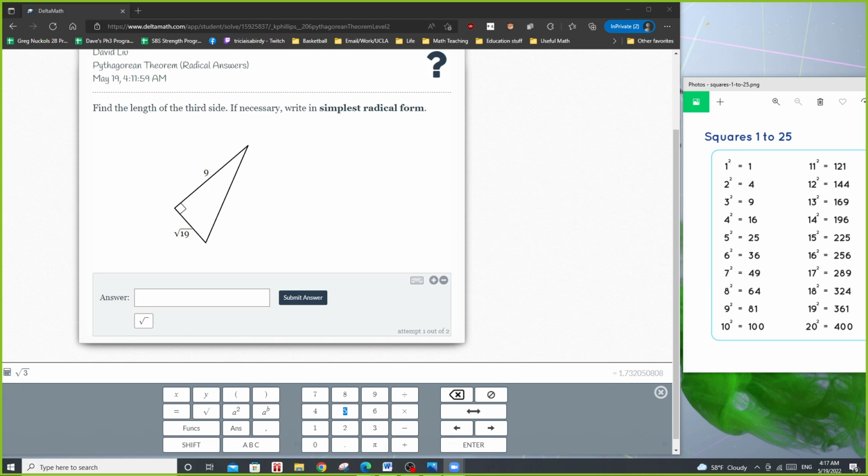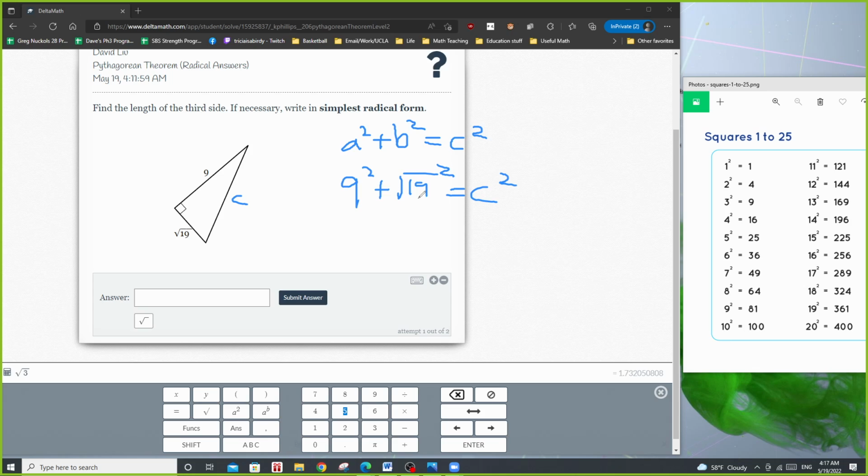All right, so just to refresh our memory, our equation is a squared plus b squared equals c squared, where this time our hypotenuse is c here, okay? That is our variable that we're solving. So I plug in these two, 9 squared plus rad 19 squared equals c squared.